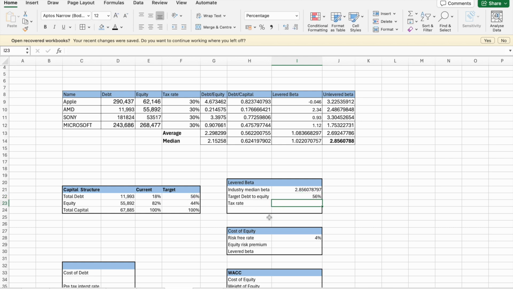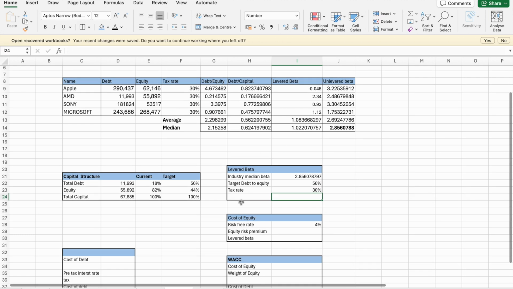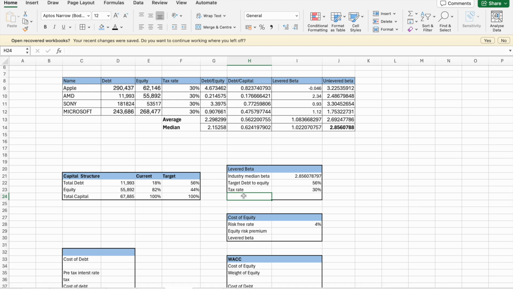So the target debt to equity percentage and tax rate would be 30% here. Take any one of these. Oh, sorry, need to put the equal sign. So here you go. Now we need the levered beta.